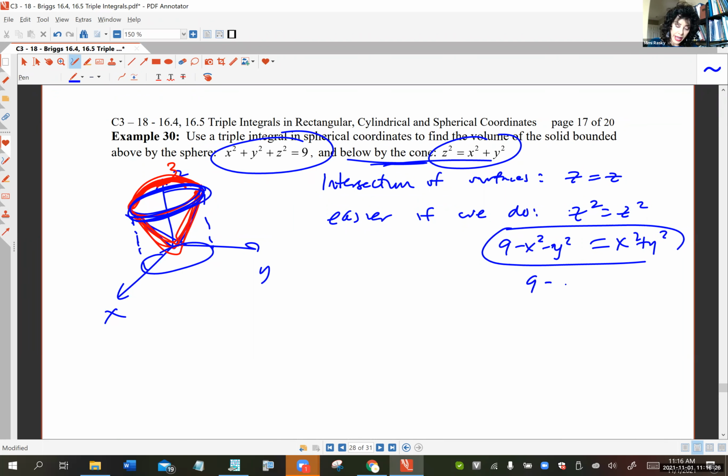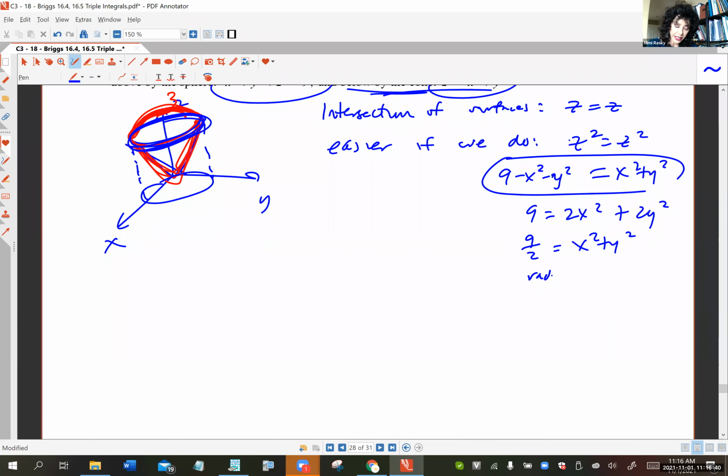So solve this. And then if you add x squared and y squared to both sides of the equation, and then divide both sides by 2, you're going to get a circle centered at the origin of a kind of weird radius, square root of 9/2, which is 3 over square root of 2.